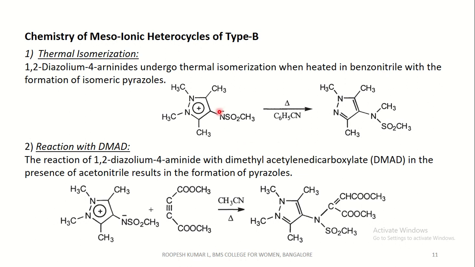This is a type B, hence these are adjacent atoms: 1,2-diazolium 4-aminides. These undergo thermal isomerization in the presence of benzonitrile to give pyrazoles.